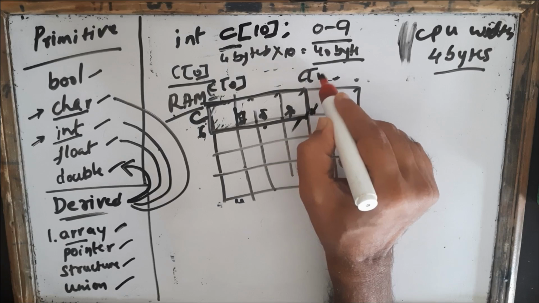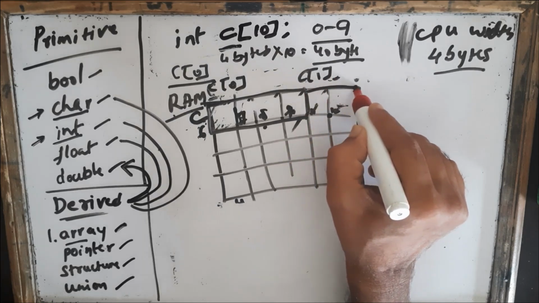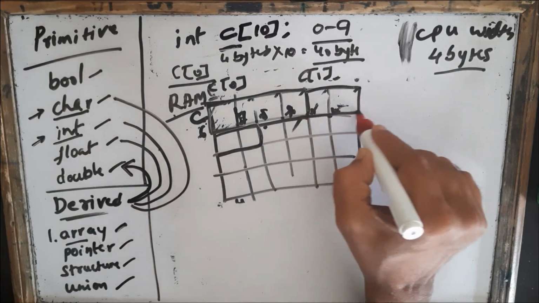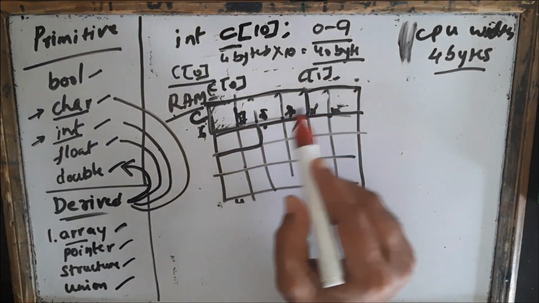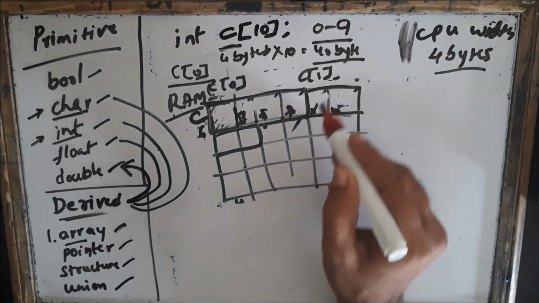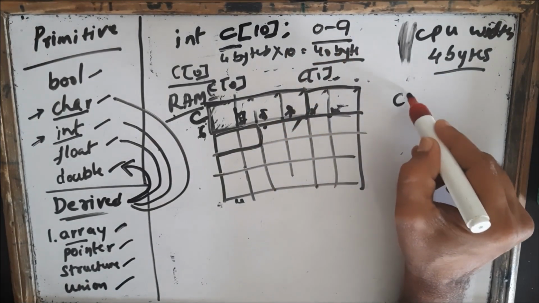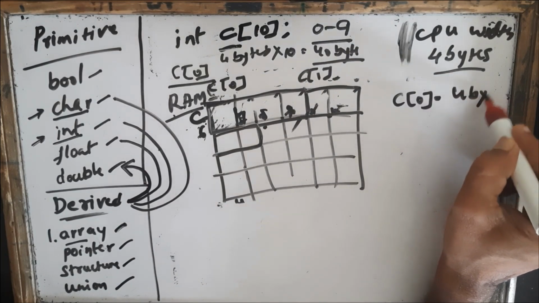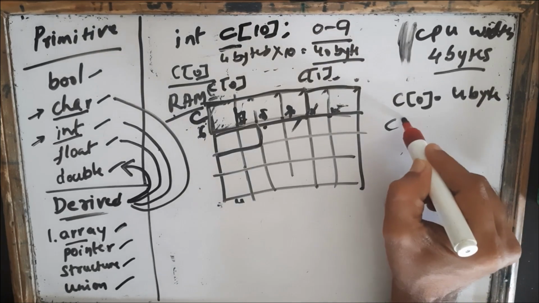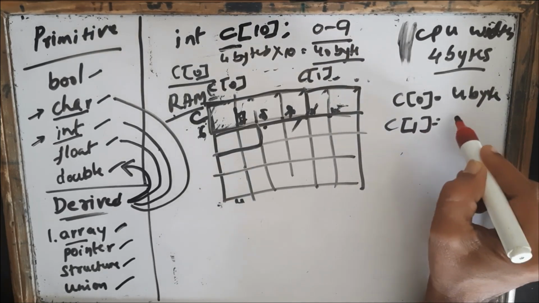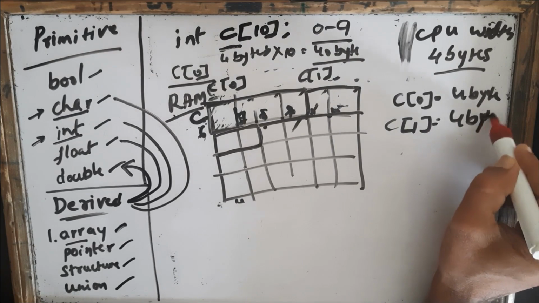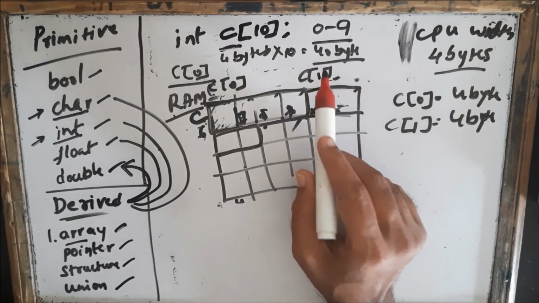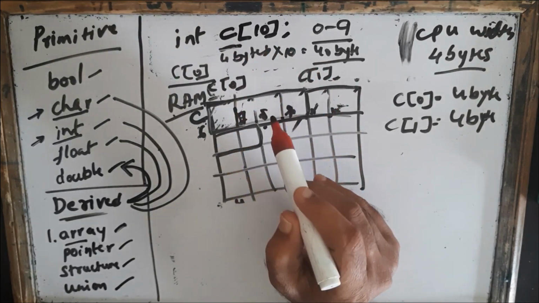Then C of 1 is this next 4 bytes, and so on. C0 to C9. C of 0 will be 4 bytes, C of 1 will be 4 bytes. Like this, a total of 40 bytes is required to allocate C of 10.